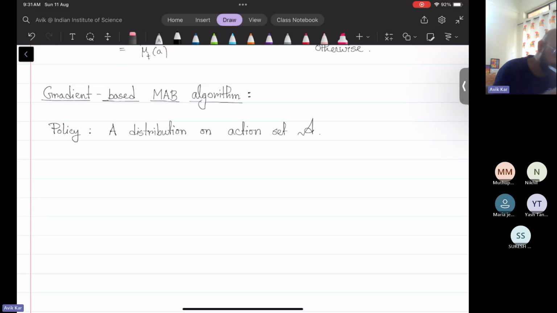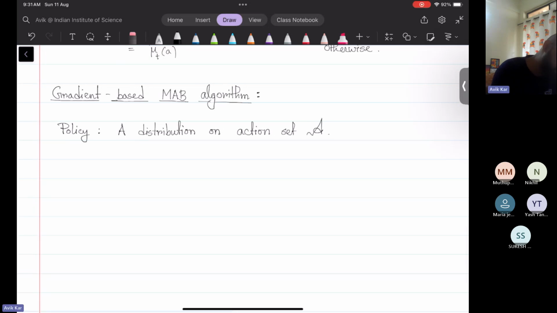We'll denote policy by pi, and action a is chosen according to pi.